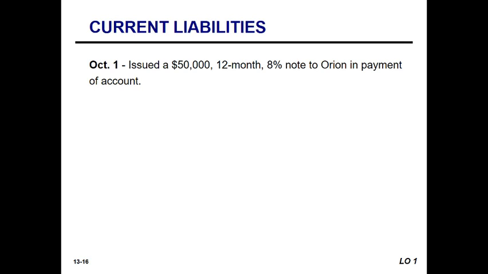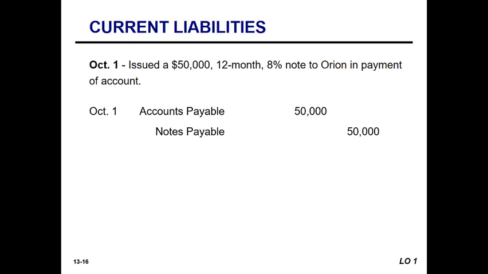Now, we issued a $50,000 12-month 8% note to Orion in payment of the account. So what we said on October 1st is that we will pay this off in 12 months at 8% interest. Our accounts payable decreased by $50,000, but our notes payable increased by $50,000.